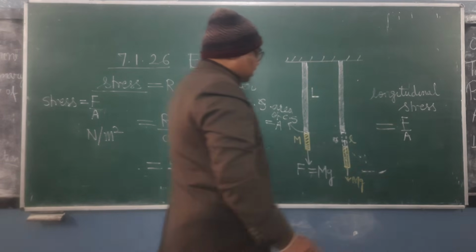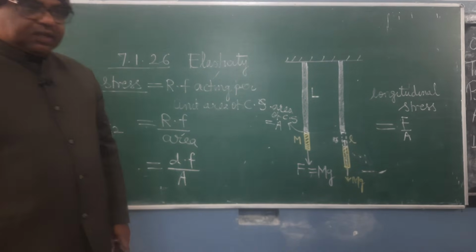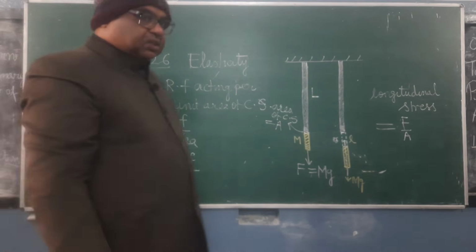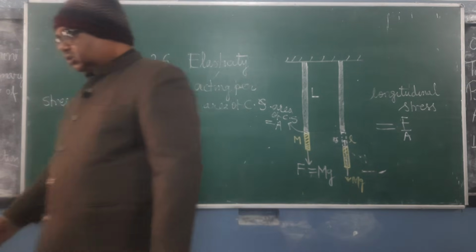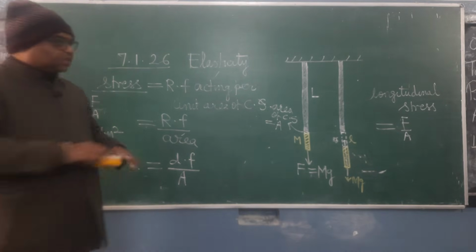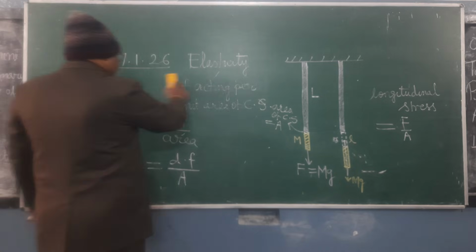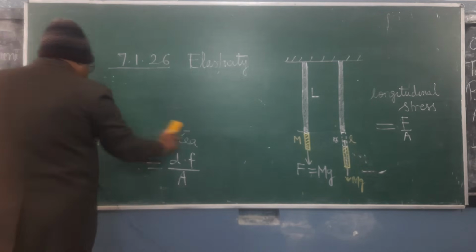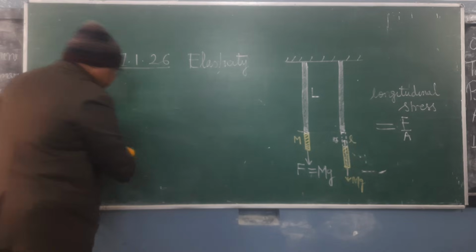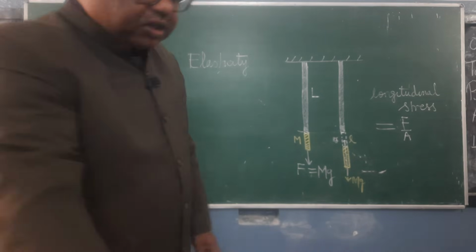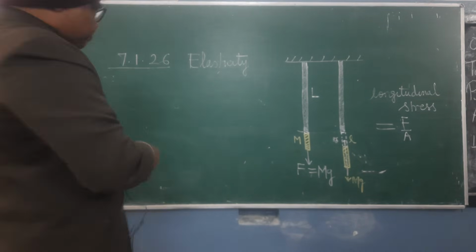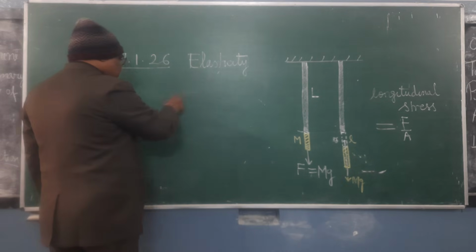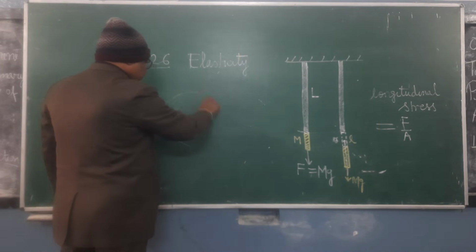It is clear? There is another, volume stress. What is volume stress? You can see here, normal stress or volume stress. See here. Here there is a body of spherical shape.